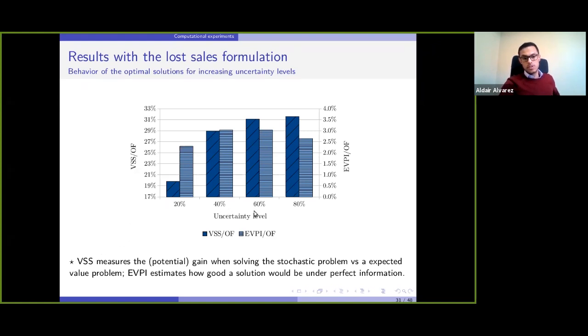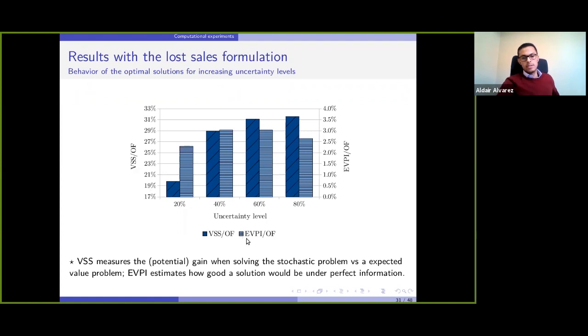So we see that for increasing uncertainty levels, the value of the stochastic solution tends to increase, as expected. But even for a relatively low uncertainty level, we always have at least a 19% relative value of the stochastic solution. That justifies the use of this stochastic program for decision making in this context, because the stochastic solution has a relatively high value.